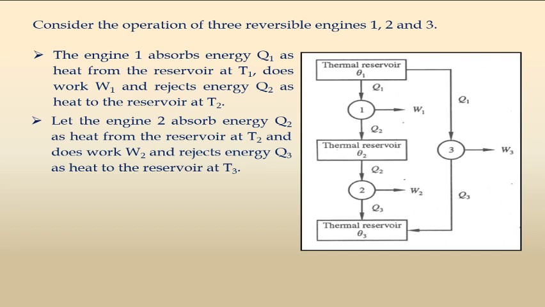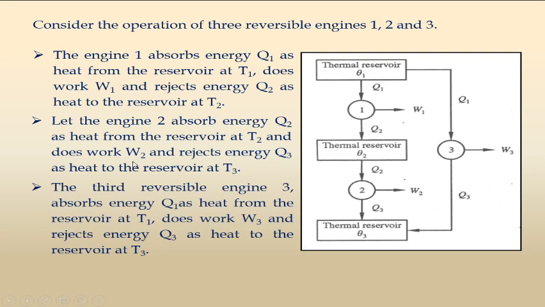Engine 2, in the same fashion, works between T2 and T3 with energy values Q2 and Q3 and work W2. And the third engine, working between T1 and T3, will draw Q1 amount of heat, reject Q3 amount of heat, and do a work of W3.